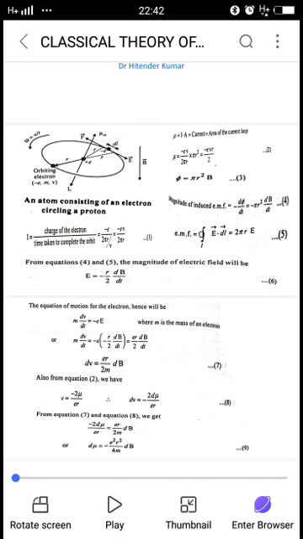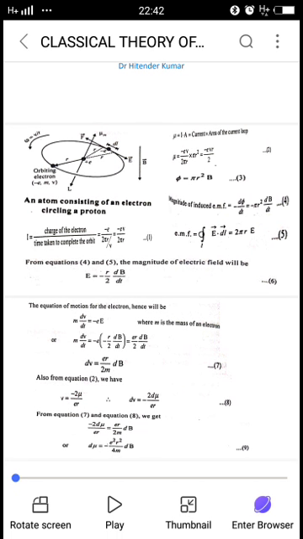We know that the induced EMF is equivalent to an electric field E, which can be written as EMF equal to the integral of E dot dl, which can be written as 2 pi r E, where 2 pi r is the length of the circular orbit of the electron, that is dl equal to 2 pi r here.